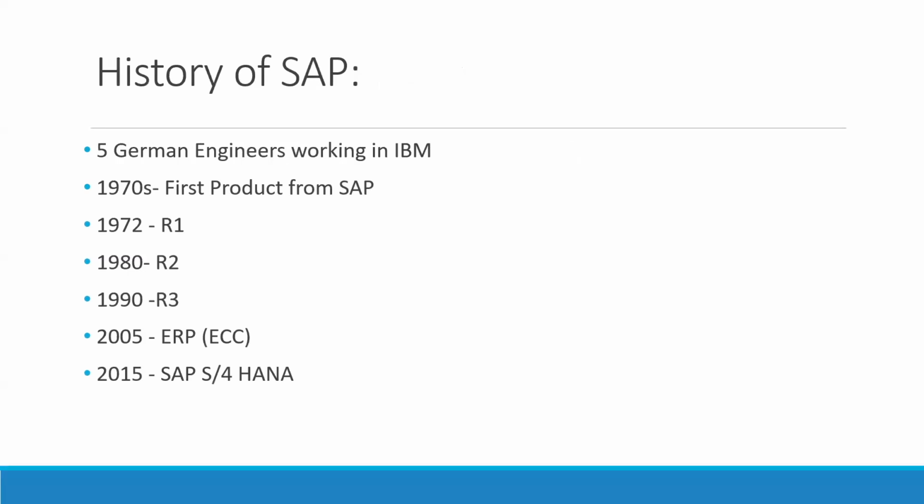Now, the history of SAP. SAP is basically software which was invented by five German engineers who were working at IBM around 1970. Before that they were working on one project at IBM. We can imagine the period of 1970 was itself very new.